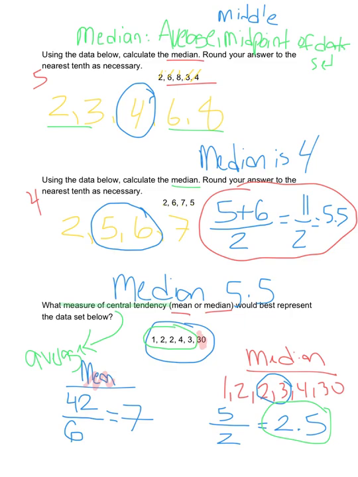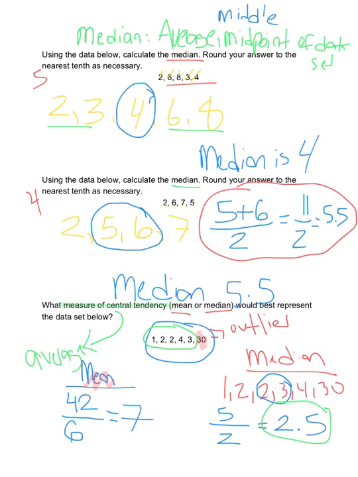Most of the numbers are really small, 4 or below, and that 30 is causing our mean to go up, to be much higher than it probably should be. This 30, we call it an outlier. In other words, it doesn't really make sense. Most of these numbers are pretty close together, and that 30 is really large, so we call it an outlier.